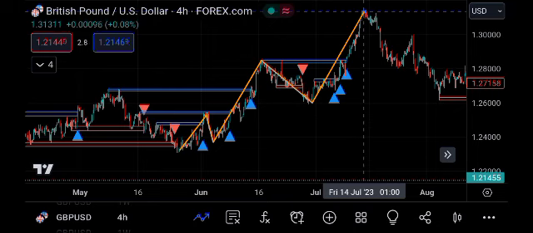So the first five waves in the chart form the impulsive move, moving in the direction of the main trade. And as you can see here, we are on the up trade. And then the subsequent three waves provide the corrective waves.